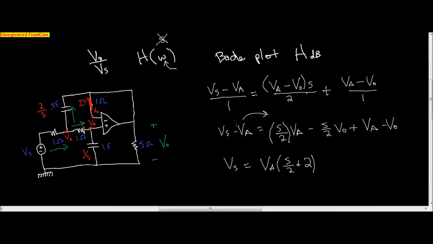Because if we move this over, we have a Va already over here, so Va plus Va gives us 2 Va. That takes care of that, and then minus Vo (s over 2 plus 1).